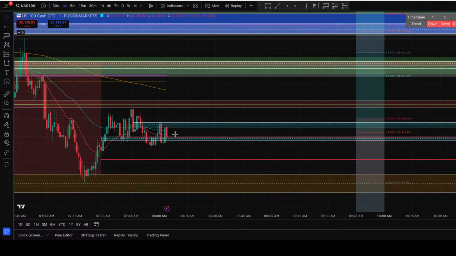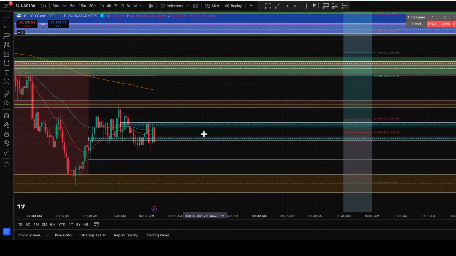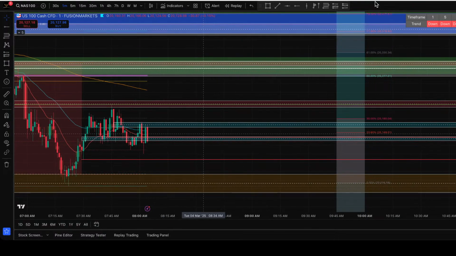Bouncing again off that fair value gap. 32 seconds left. Looks like we're getting an engulfing candle here.